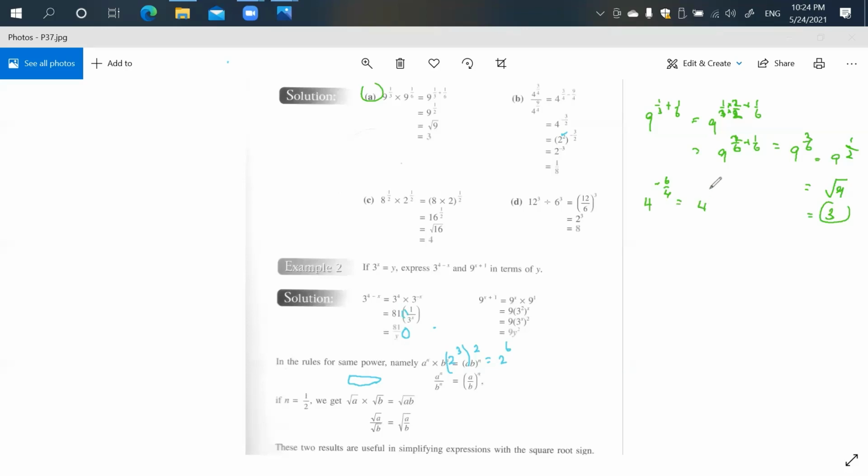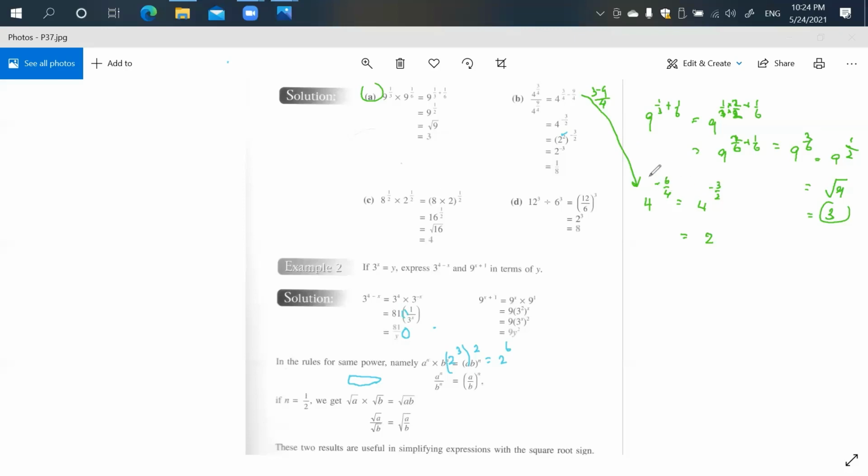Make it lowest terms for the index. Because they have the same denominator, you don't need to find the LCM. So the top becomes 3 minus 9 over 4, meaning you will have negative 6 over 4 as the index.